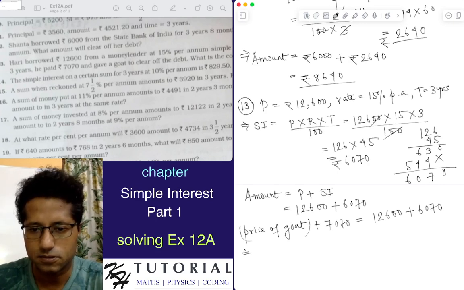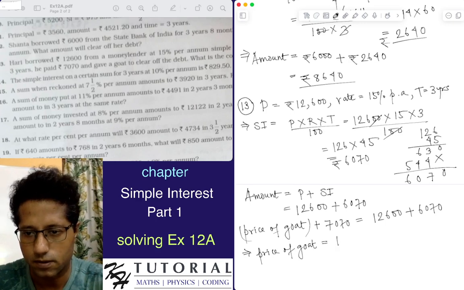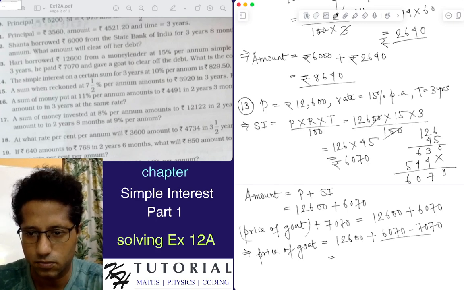Now this implies the price of gold will be equal to 12600 plus 6070 minus 7070.